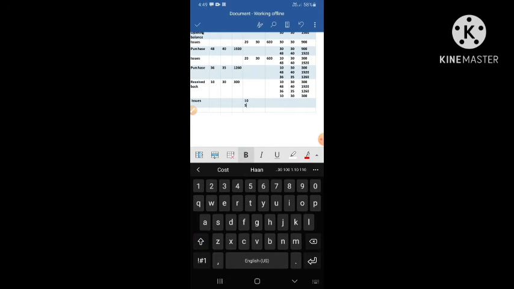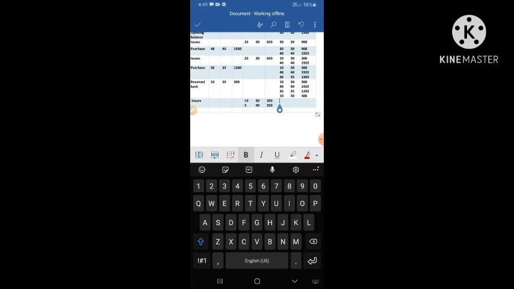So this is 30 and 40, and the amount is 300 and 200.